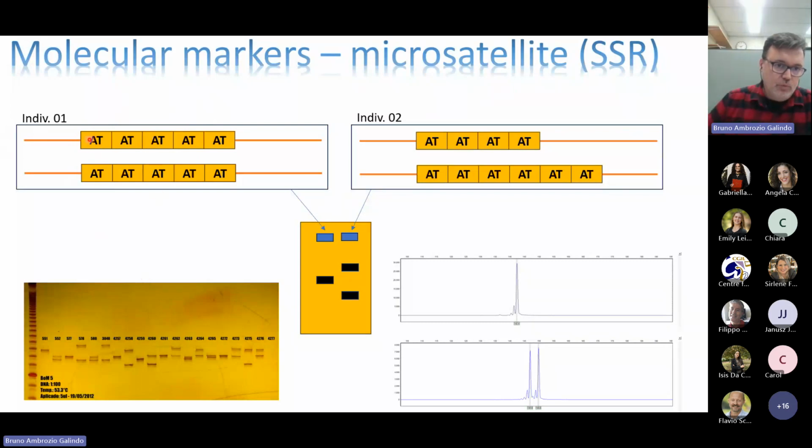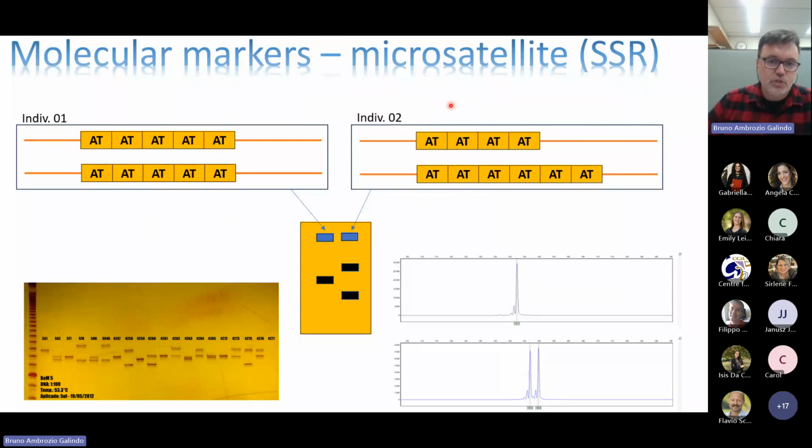So in this animal, in this chromosome, I have 1, 2, 3, 4, 5 repetitions, and in the other homologous chromosome, 1, 2, 3, 4, 5 repetitions. So this animal is homozygous. This animal, on the other side, is a heterozygote.